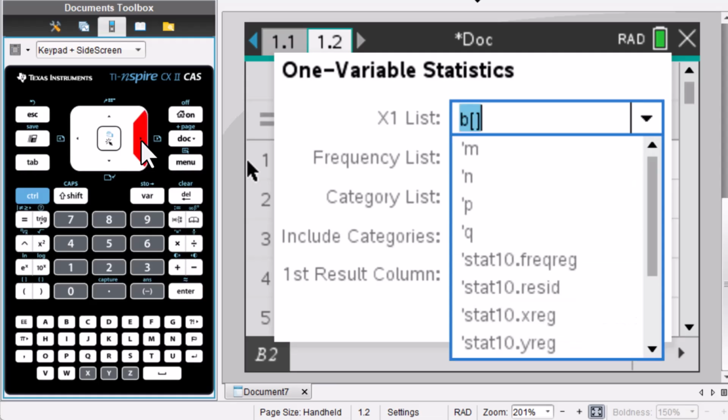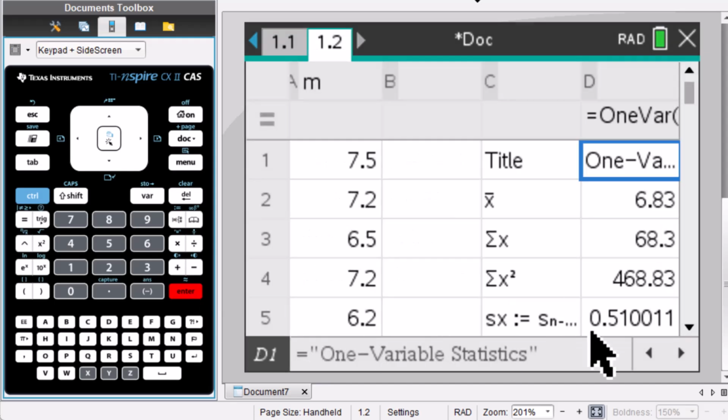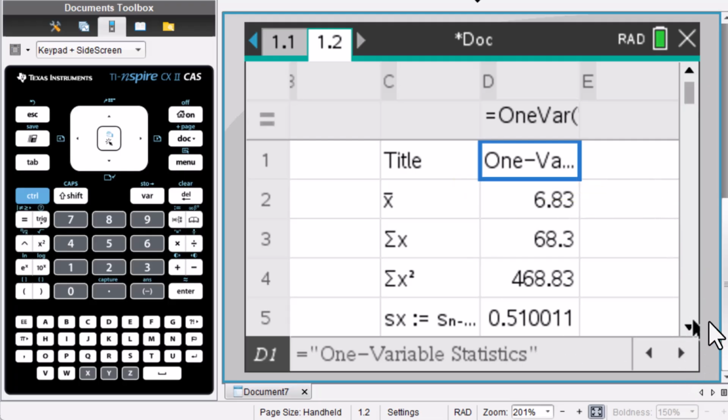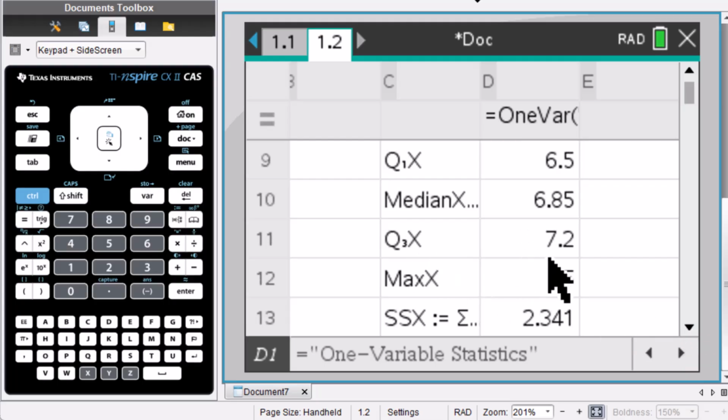Double-click this right arrow button. Get M. Then enter. We got this one variable stats. Upper quartile is 7.2.